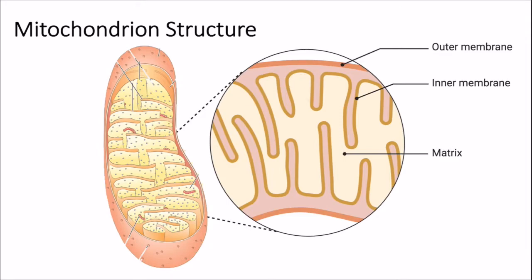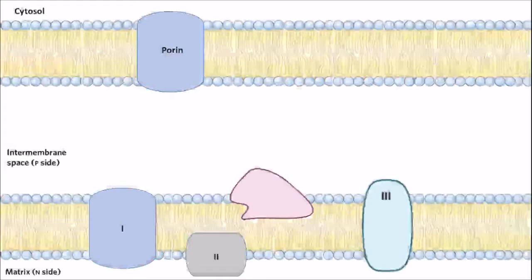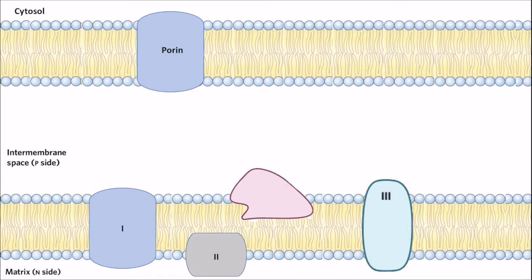Now, taking a closer look at the outer membrane and the inner membrane, we can see some of the proteins that I mentioned before and how they're involved. We find that the outer membrane is readily permeable. This means that small molecules and ions are able to flow through easily. The phospholipid bilayer contains these large integral proteins called porins.